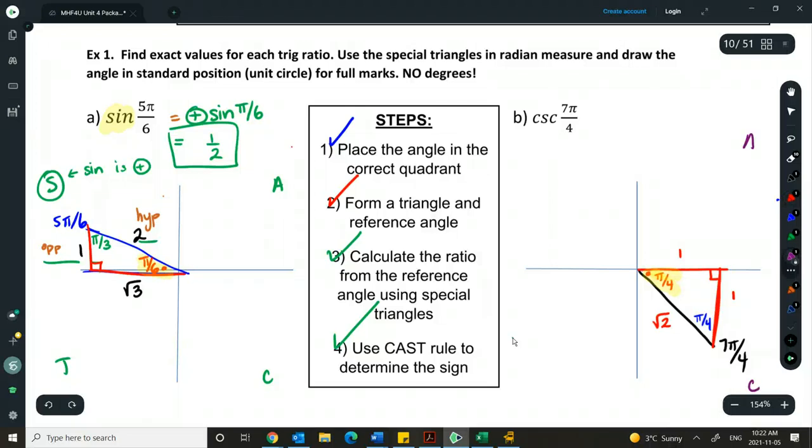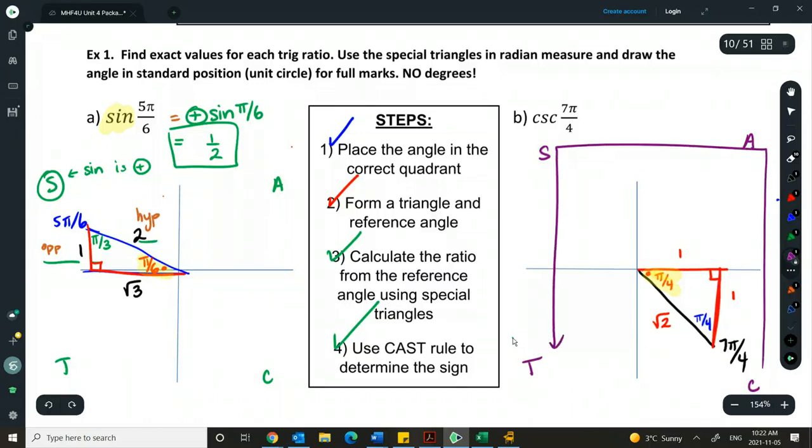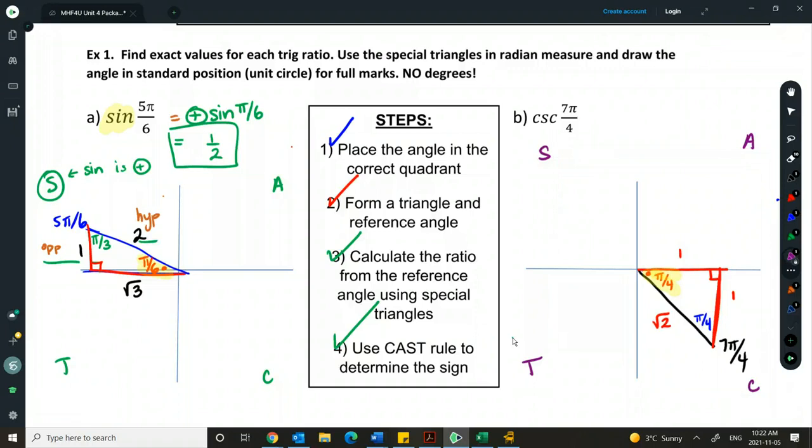CAST rule, C-A-S-T. Starting with the bottom right quadrant, you spell the word CAST going counterclockwise. We need to know cosecant. What is its primary trig ratio? So cosecant is the reciprocal of either sine, cos, or tan. Which one is it the reciprocal of, Bella?